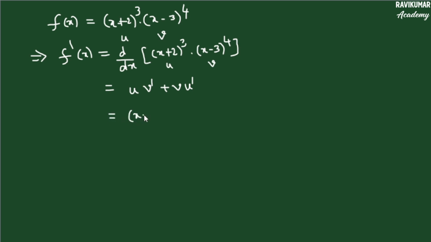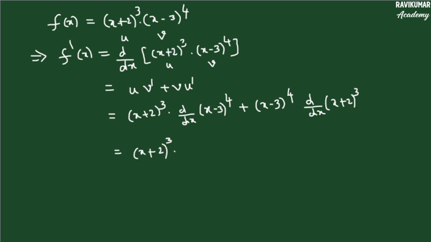U is (x plus 2) whole cube multiplied by the derivative of v, (x minus 3) whole power 4, plus v, (x minus 3) whole power 4, into d by dx of u, which is (x plus 2) whole cube.